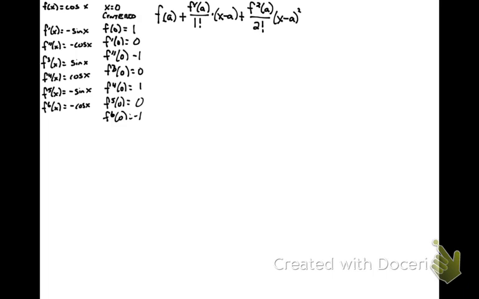And again, a is the point where you're centered, plus the value of the third derivative at a over 3 factorial times x minus a cubed. And this pattern just continues for a Taylor series in general.